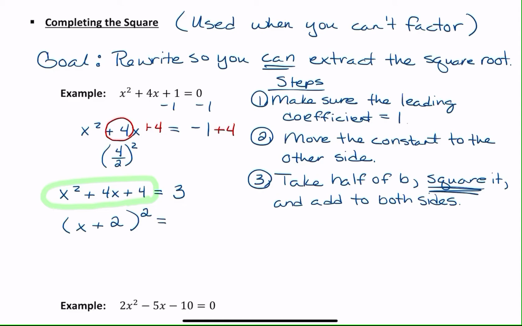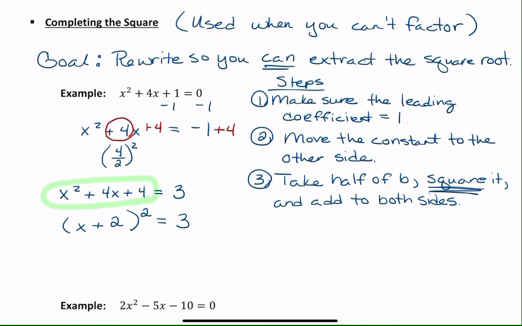And then that equals 3. So the whole purpose of taking half of b and squaring it is to make a perfect square. Half of b was 2. That's always going to be what your linear factor factors into, squared.